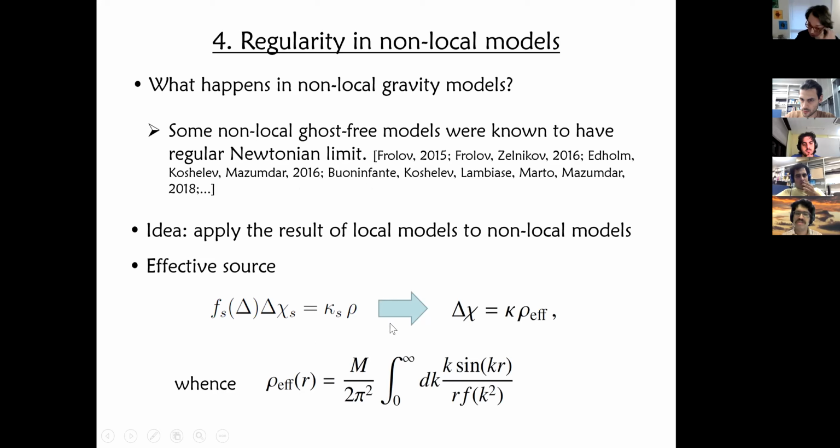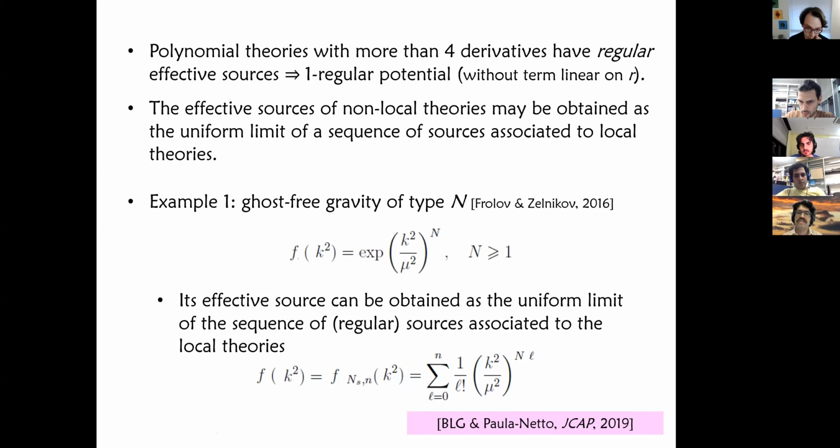So we used the formalism of the effective source that Jens also presented some minutes ago. That is, we pass this operator to the right-hand side, and we get a usual Poisson equation with a modified source. So here, instead of the delta, we have a smeared distribution. And we showed in this paper here that the polynomial theories with more than 4 derivatives have a regular source.